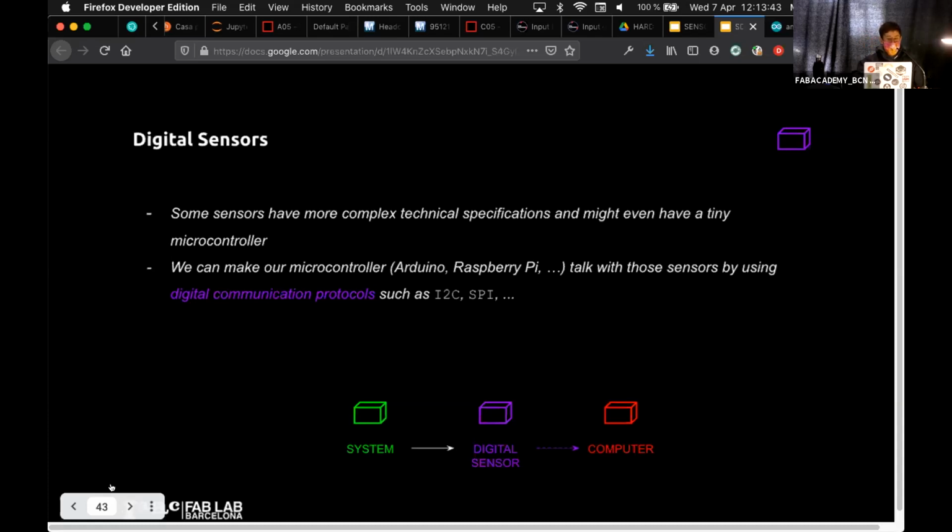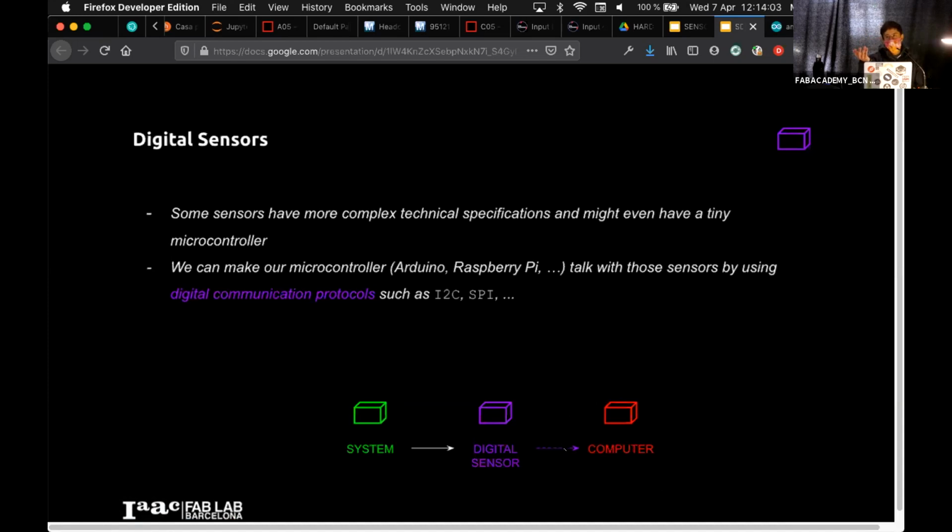That's a digital sensor, meaning that again, in our little schematic with our system and the sensor, the communication between our computer and our sensor happens in a digital form. And it doesn't send only a 1 or a 0, it sends a lot of them very fast.